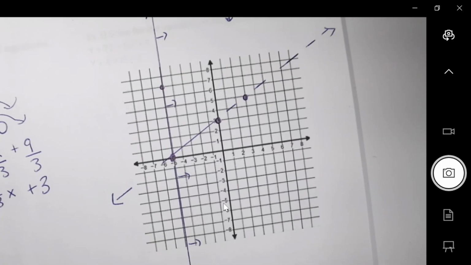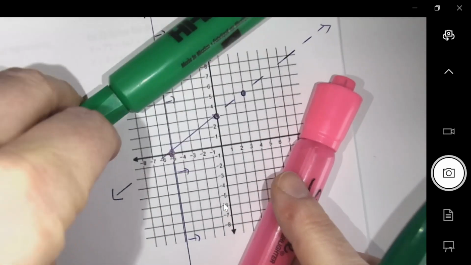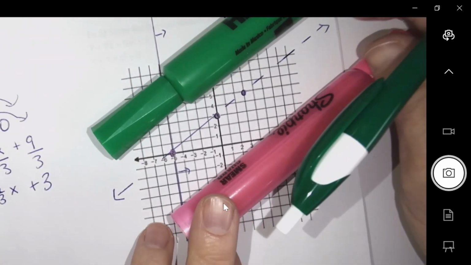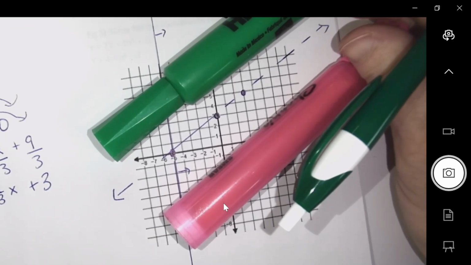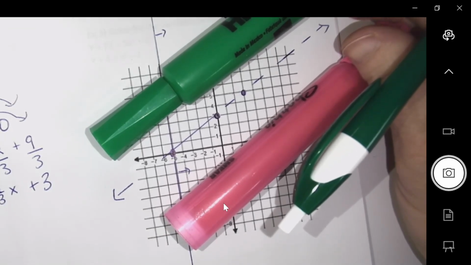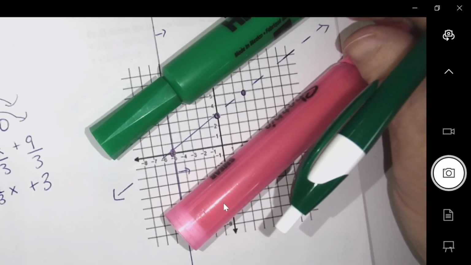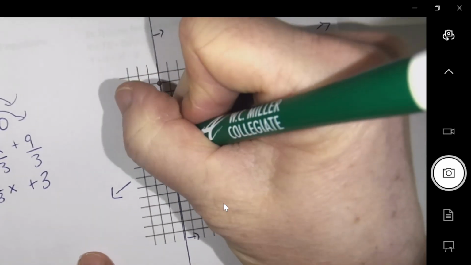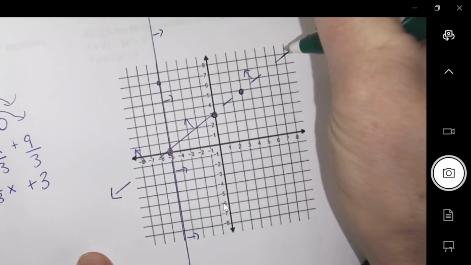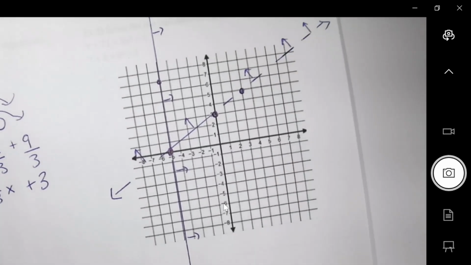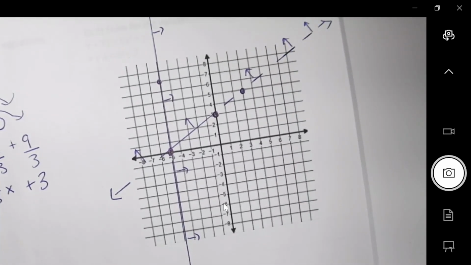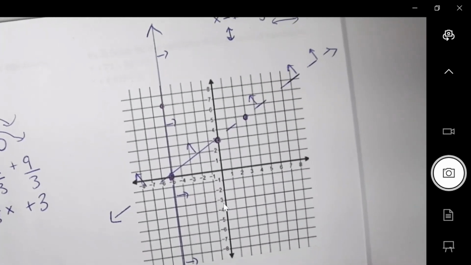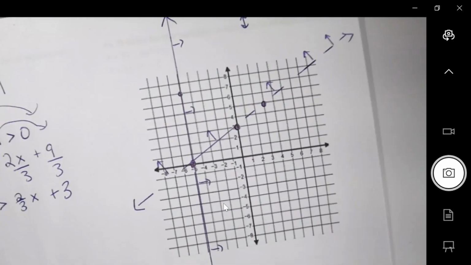Now I'm going to give you 2 color choices here. Which side is angling upward? Because I need to be greater than. Green is angling upward. So greater than is going this way.